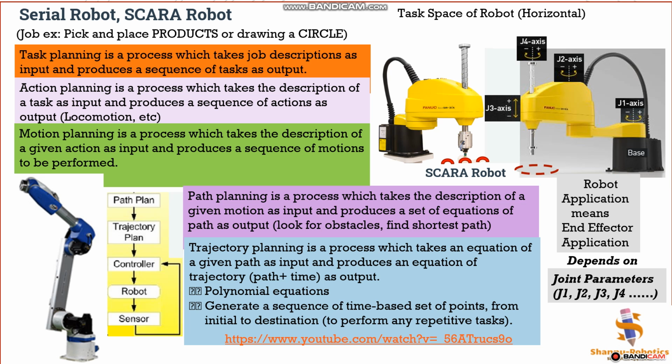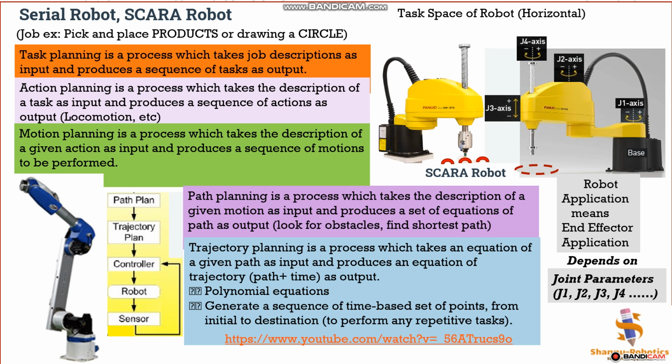The other type of serial robot can be one whose task space is in the vertical plane. That means the end effector, the hand, plays the trick here. You can choose whatever you want as links and joints, but the end, the hand, provides the key vital information which we have to identify if we have to apply robots in our day-to-day applications.